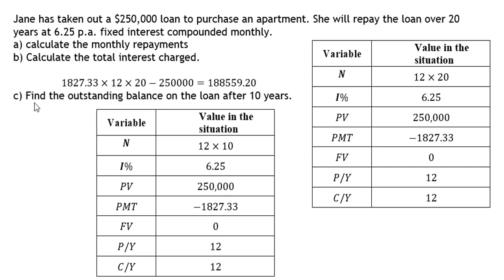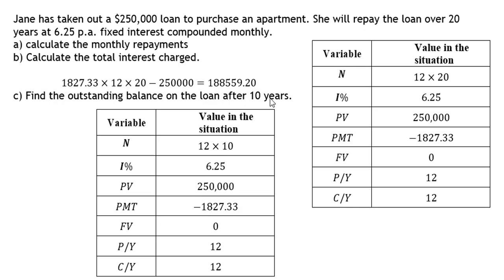Let's go to C, find the outstanding balance on the loan after 10 years. Outstanding balance means after 10 years, how much money you still need to pay. So we know that PMT is $1,827.33.